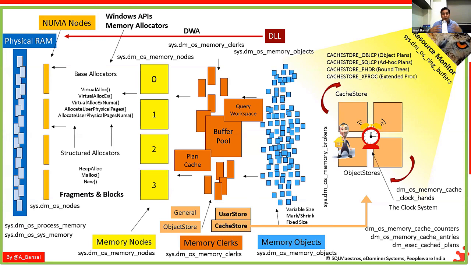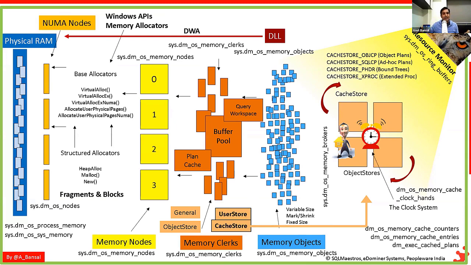Now, all this while we have been talking about SQL Server memory consumers asking for memory, and the memory that they get is from the sqlservr.exe, the SQL Server process space. There are certain allocations that happen directly with Windows. Those are called direct Windows allocations, or DWA. Let's take an example. You have created a DLL, for example, and you load that DLL in SQL Server process space.